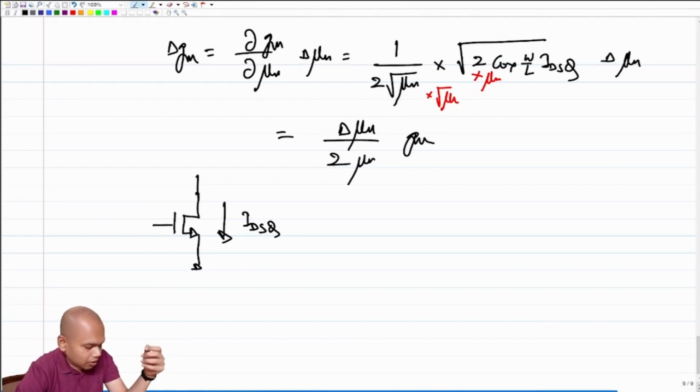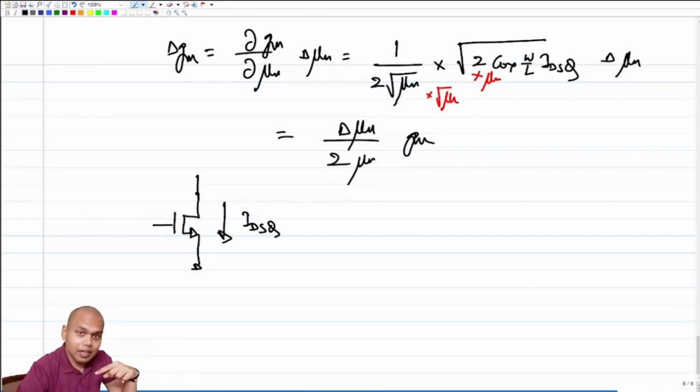Drain current is the output, the effect; the cause is the gate to source voltage. So then the natural question is, if drain current is the effect, then how can I guarantee a constant drain current?